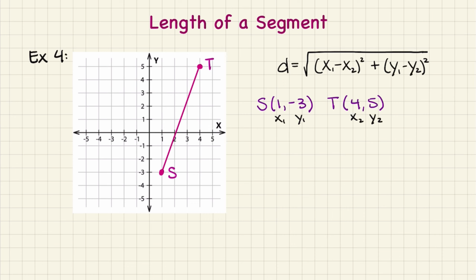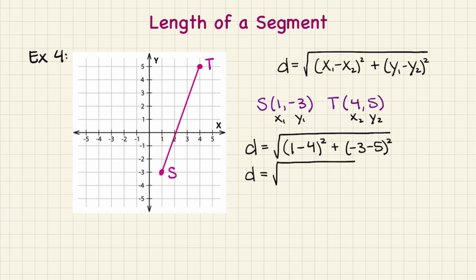Now we can plug it into our distance formula. D equals the square root of x1 minus x2 will be 1 minus 4 squared plus y1 minus y2 will be -3 minus 5 squared. So now we'll simplify. We get the square root of 1 minus 4 is -3.